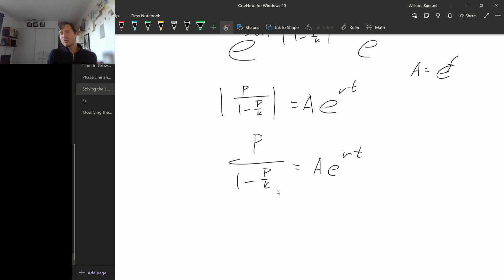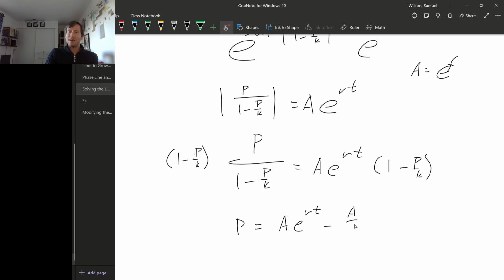Solving this sort of equation for p, algebraically it's a little annoying, but it's not difficult exactly. It's just kind of a lot of writing. So we'll clear the denominator here. We get on the left-hand side p, on the right-hand side a e to the rt minus a over k e to the rt times p.